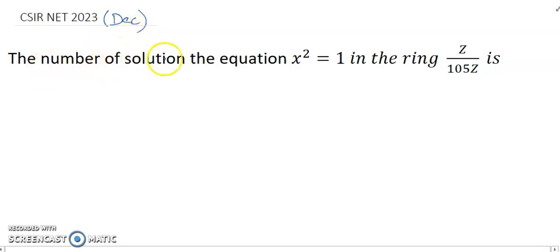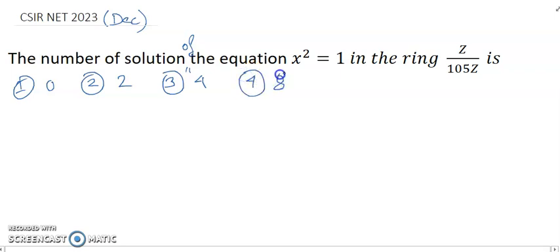The number of solutions of the equation x squared equals 1 in the ring Z divided by 105Z is: option 1 is 0, option 2 is 2, option 3 is 4, and option 4 is 8. So this is the total set of options.